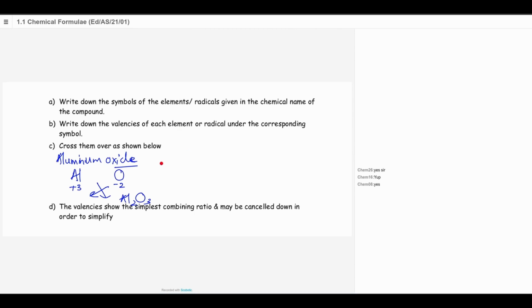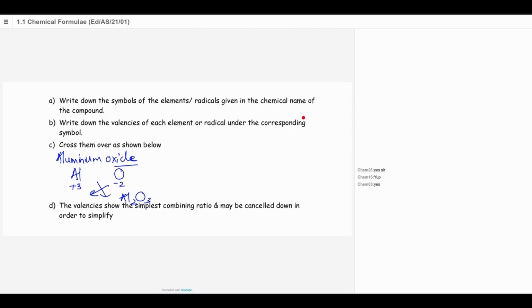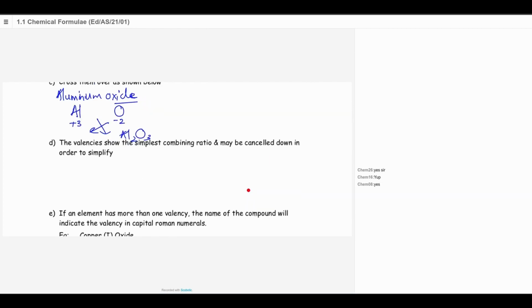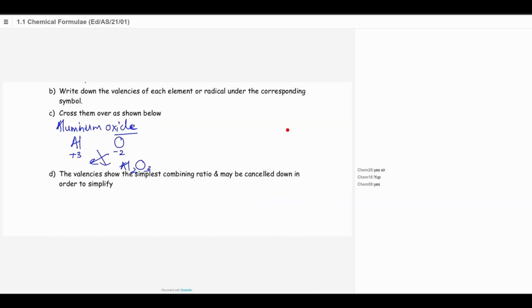Okay, so sometimes some elements have more than one valency. In that case, the valency will be given in capital Roman numerals in brackets. For example, you say copper(I) oxide. Copper is +1, oxygen is -2.